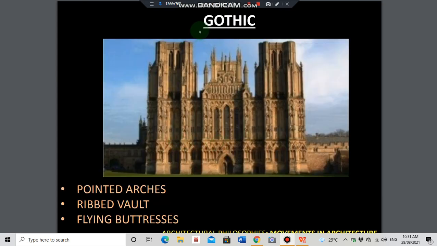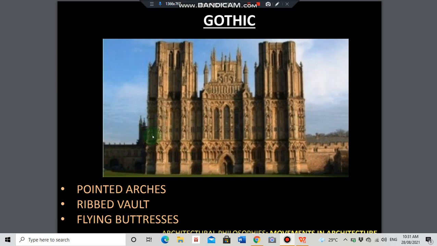Next, the Gothic. So, ito yung mga style or structure ng Gothic architecture. Pointed arches, pointed. Hindi siya bilog, kundi pointed. And then rib vault, then flying buttresses. Okay?